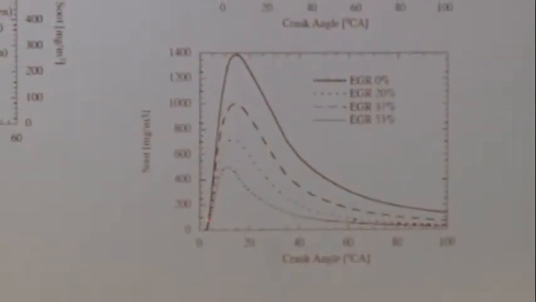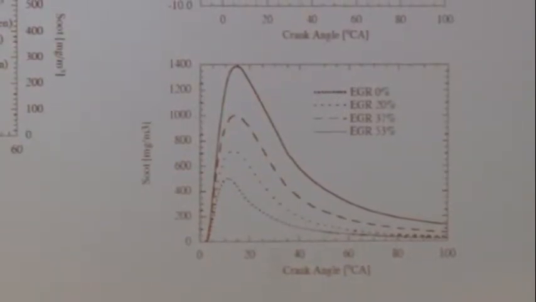And then here, soot formation, that's different. You form a lot of soot, and then later in the cycle, you oxidize most of the soot, and you see that here really 95% of all soot goes away.